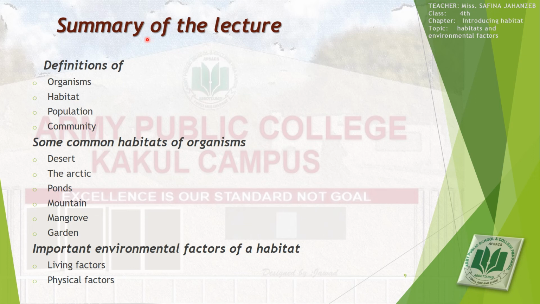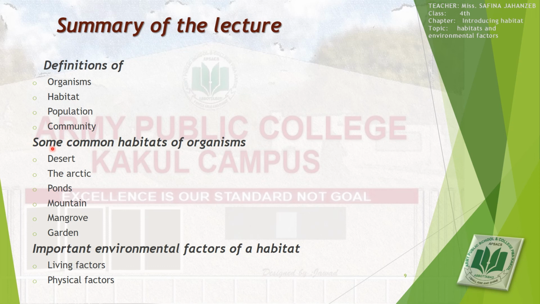Students, in this last slide, now I will present a short summary of the whole lecture which we have discussed. As we know, in the starting we defined organism, habitat, population and community.